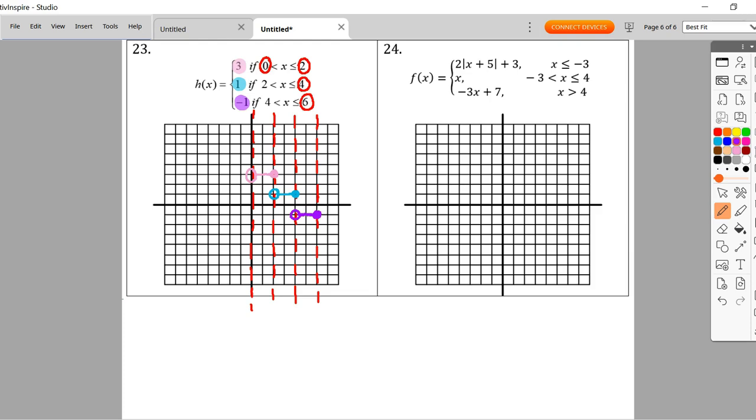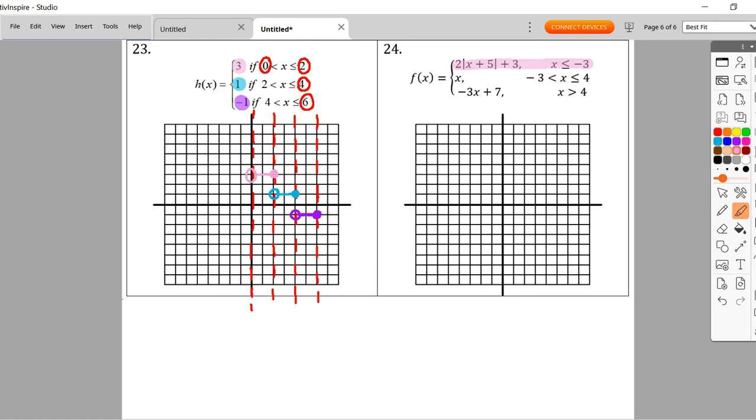Last example, number 24, is f of x equaling the first part of my piecewise function happening when x is less than or equal to -3. What I have in it, or graph it in, is 2 with the absolute value of x plus 5. After that, I have a plus 3.